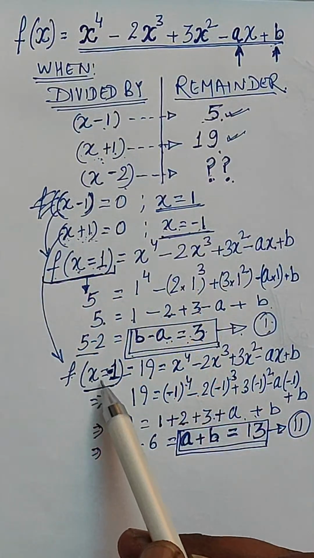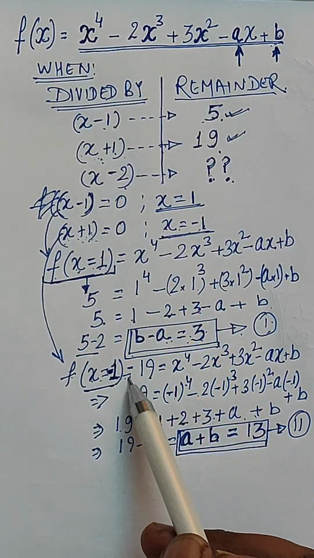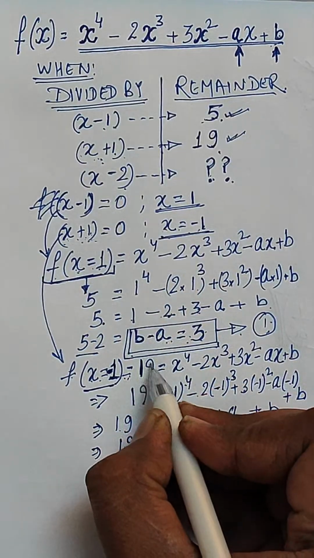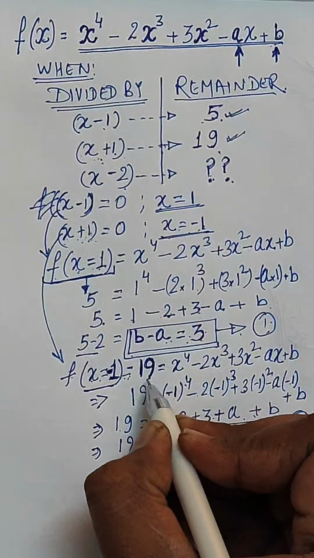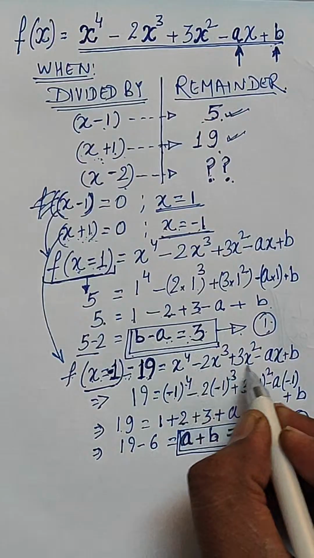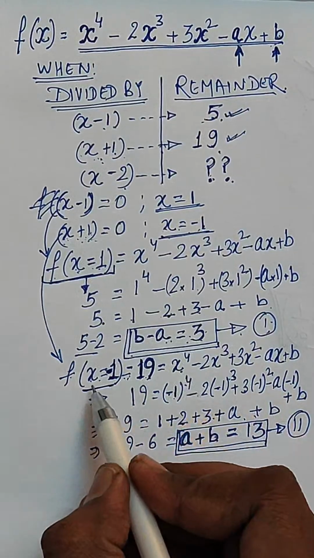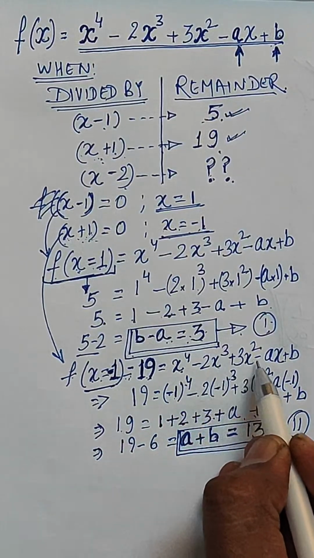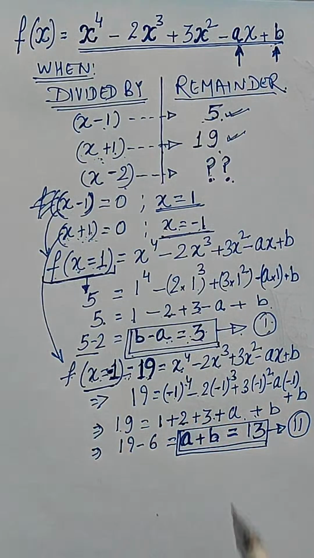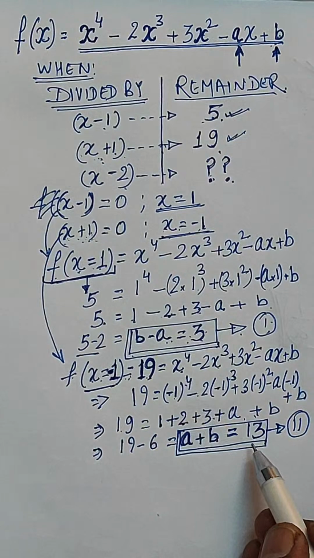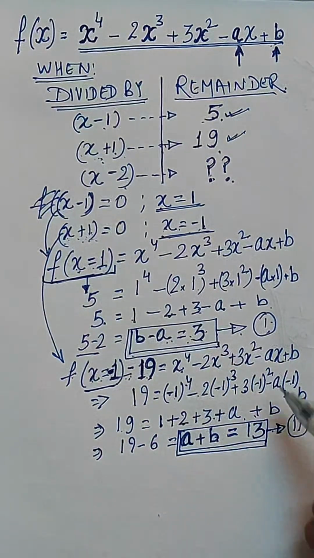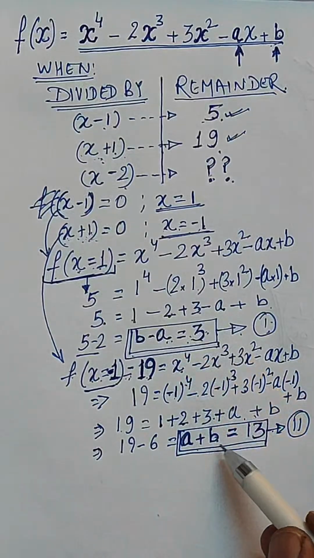So this gives you for f of x equal to minus 1, the remainder was 19. You can see here 19. Let me give a bold mark so that you can easily see from there. So 19 equal to this polynomial. That means for each and every x into this, we need to put the value minus 1. Right? So this will give you another equation, a plus b equal to 13. Now it's very easy, my dear friends. B minus a equal to 3 and a plus b equal to 13.